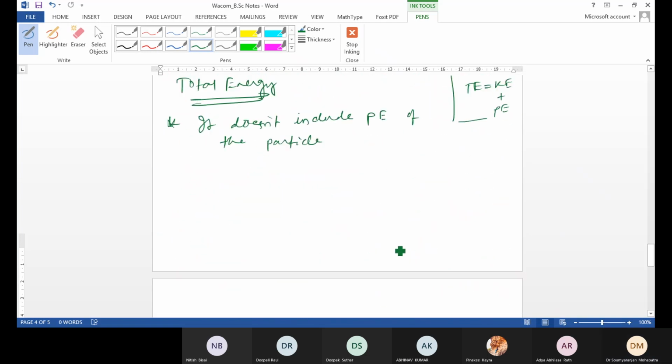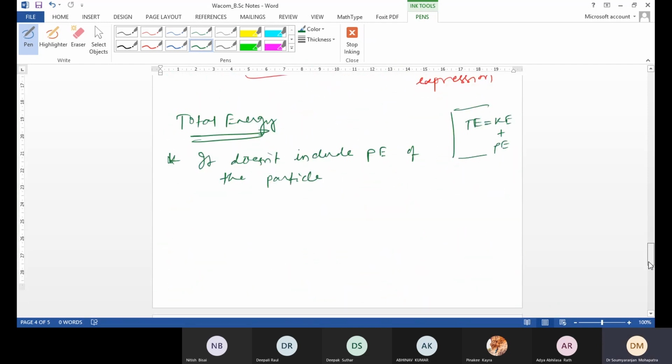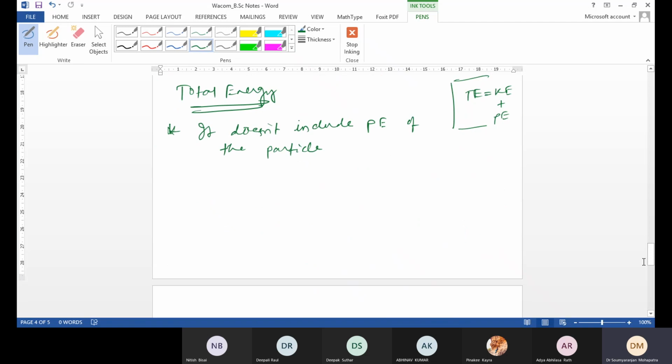Okay. So in case of total energy, it does not include potential energy of the particle. From equation 8, that is kinetic energy, I can write K plus m naught c square is equal to mc square.